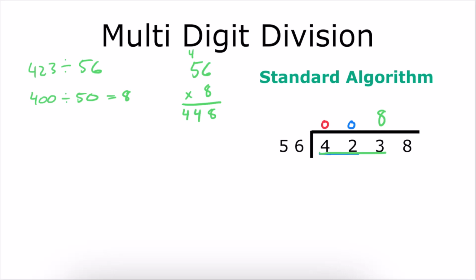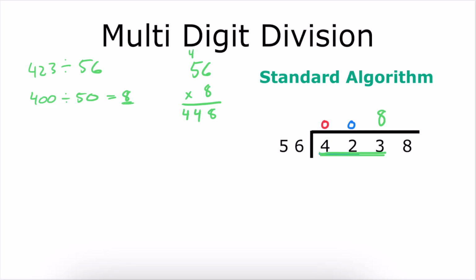Now I don't actually have that number of tens because I only have 423 tens, and it would require 448 tens in order to put 8 in each group. So my estimation number was not quite right, but it gives me a good spot to start.